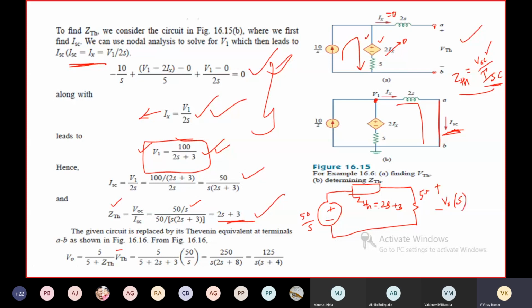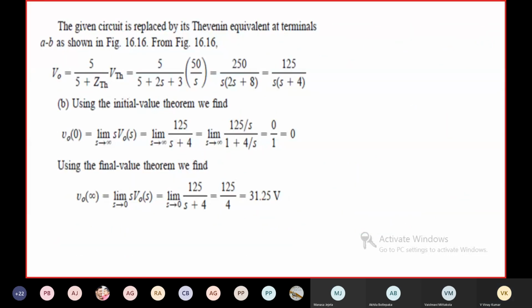Then either you apply KVL around this loop or you use the voltage division rule to find the voltage across this. VTH, ZTH, 2s plus 3.